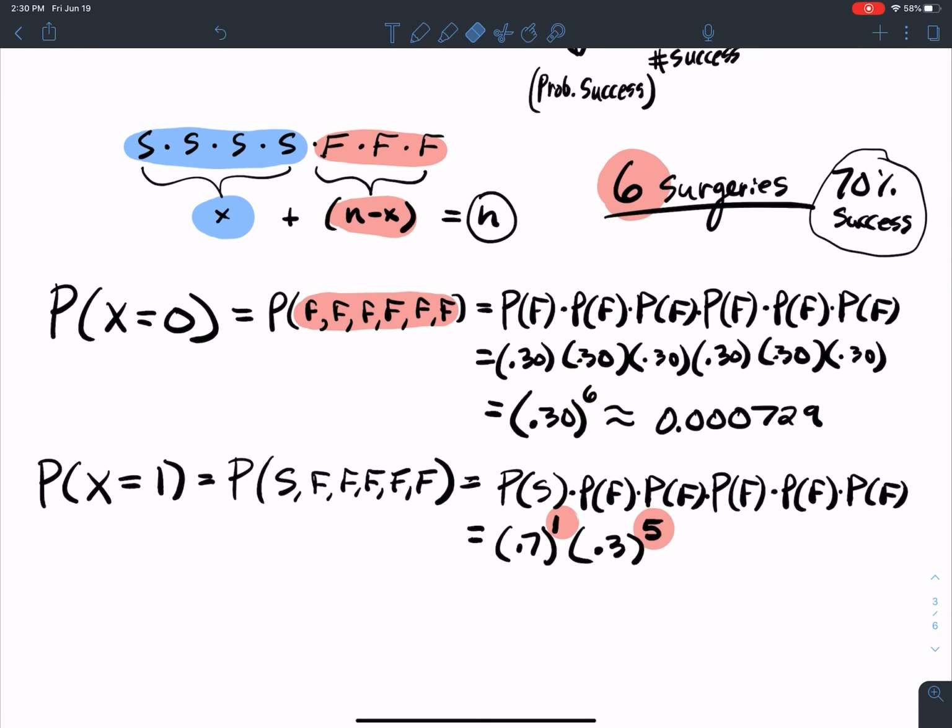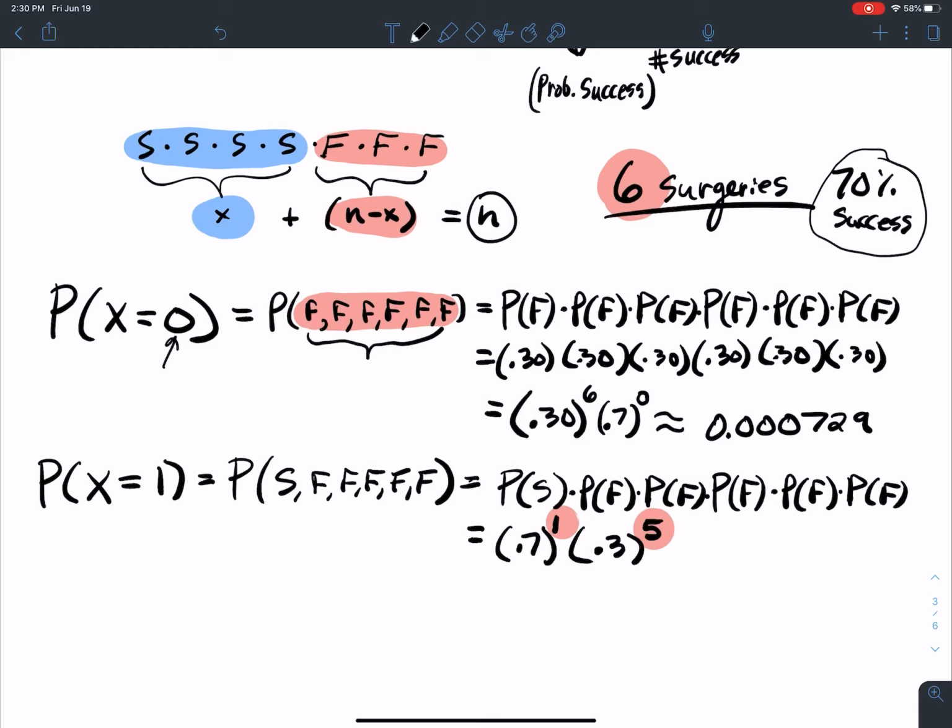Technically, if you think about it, for the all-failures case there's 0.7 raised to the 0 because there are 0 successes. So that's technically using the formula. Now, how many ways can I rearrange all failures?